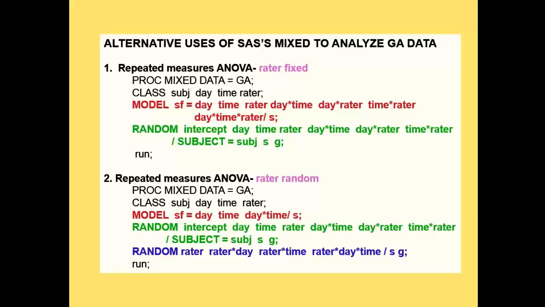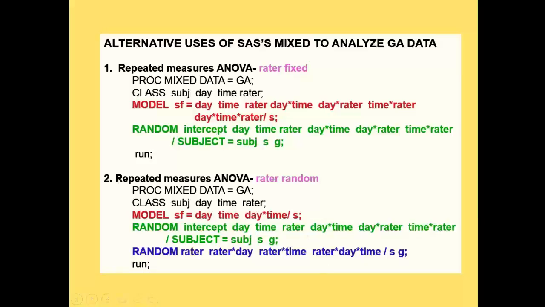But that's not there. So this model is allowing for rater to be in there as a random effect. Rater times day is too. Why would rater times day also be a random effect if rater's in there as a random effect? Because it's a product of two things, one of which is a random effect. So every one of these things has to be a random effect because it's allowing rater to be random. So what are these things? What's this?